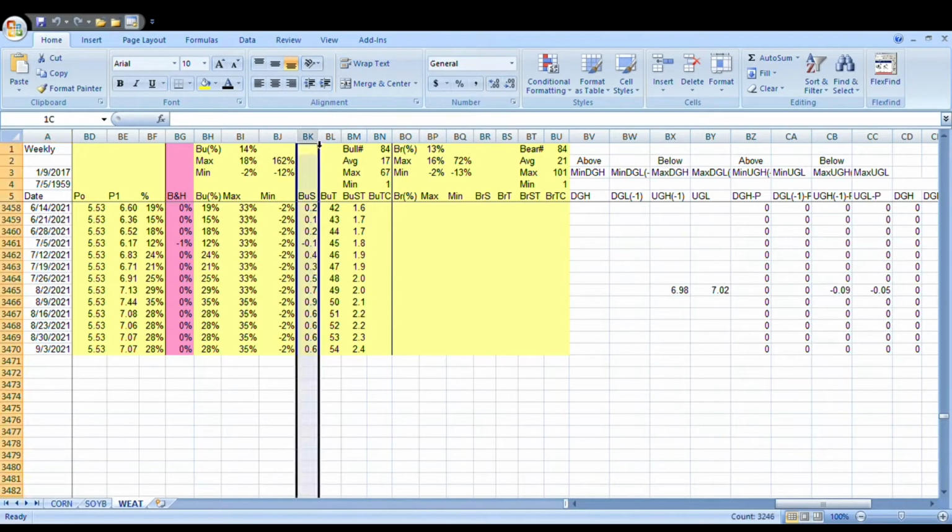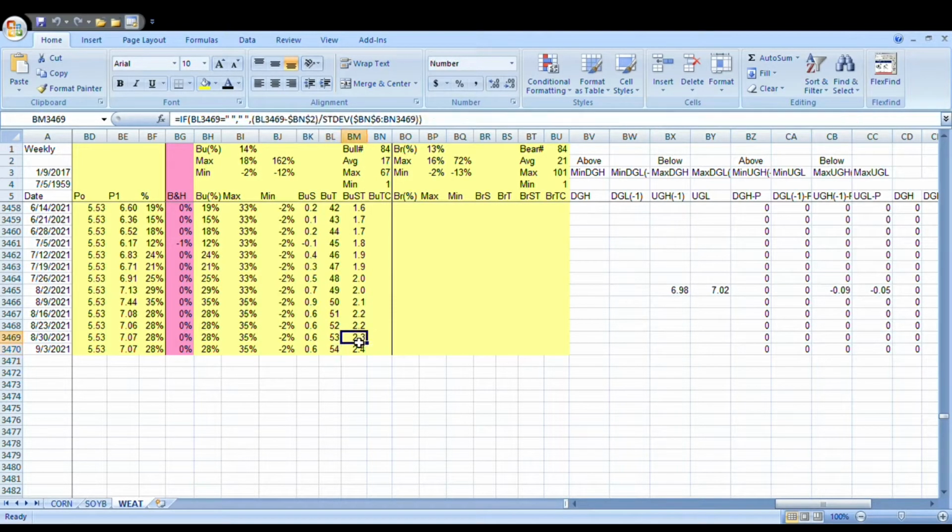We can see that the price cycle, instead of above 2 standard deviations, is 0.6. There's 84 bull impulses, there's 84 bear impulses, and the average is 17 weeks, so 53, 54 weeks is about 2.3, 2.4 standard deviations. That's a little bit different in terms of, well, not too different in time.